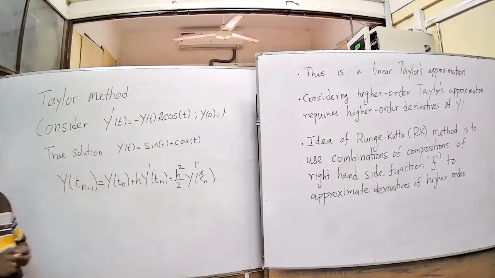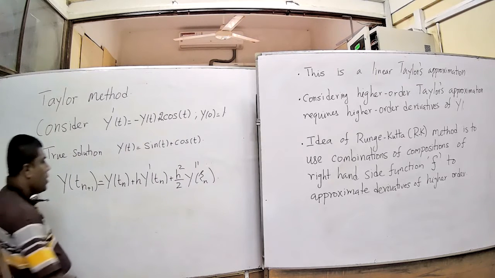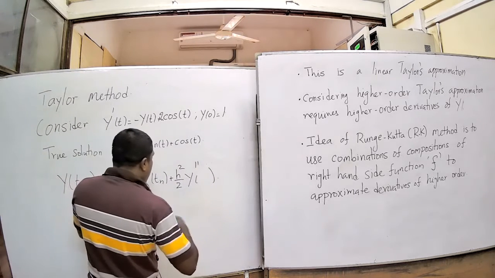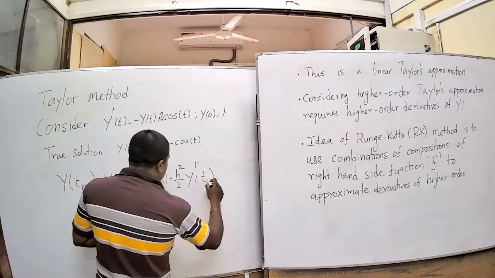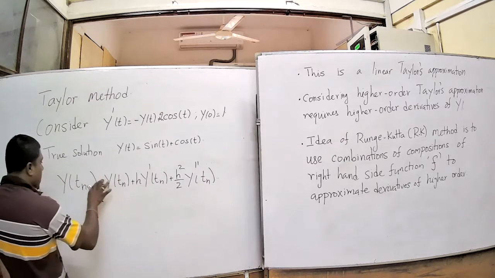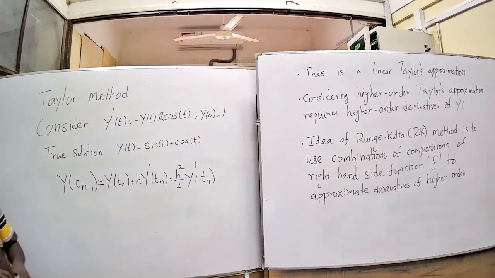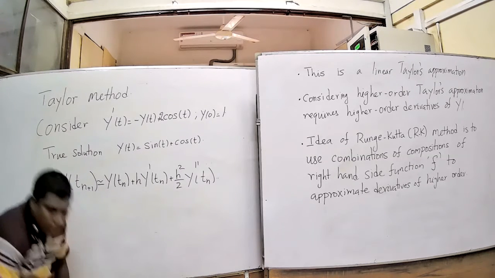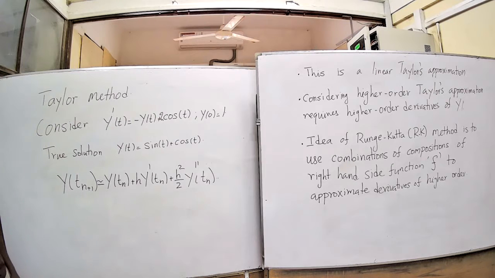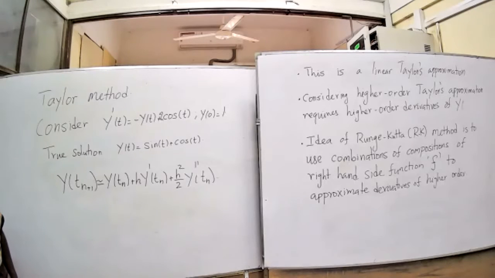So when you approximate with the second derivative, this is basically an approximation. Let us approximate y at tn plus 1 with the second order Taylor's expansion with the second derivative.